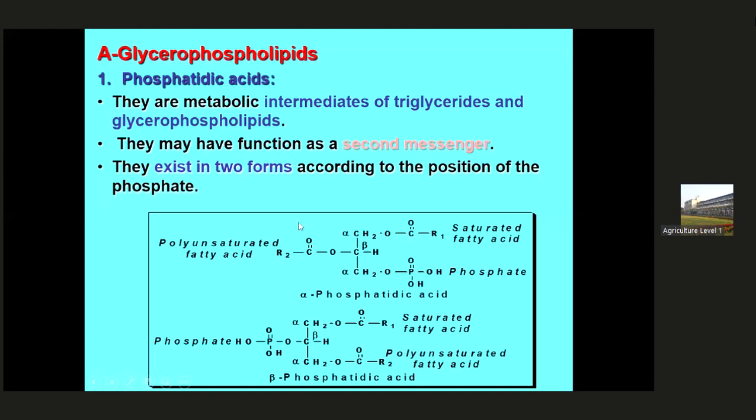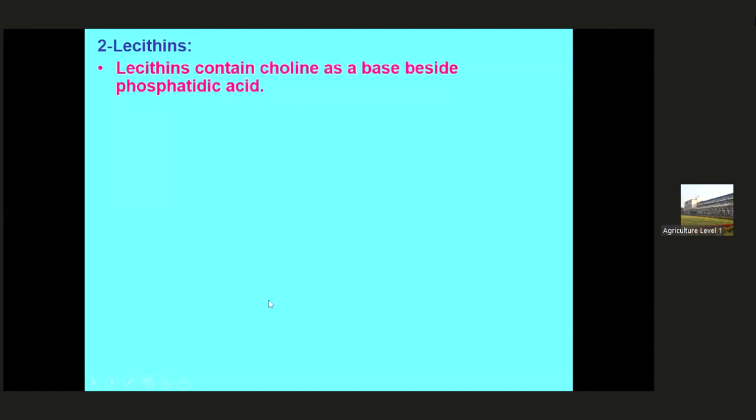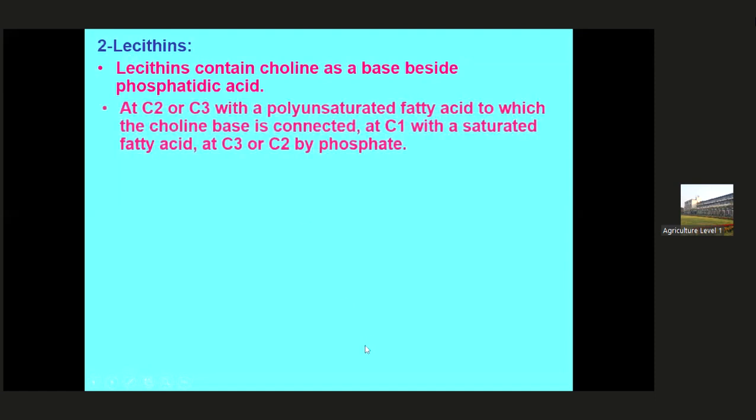So when phosphatidic acid contains choline as the base beside the phosphoric acid group, then the phosphatidic acid containing choline is called lecithin.